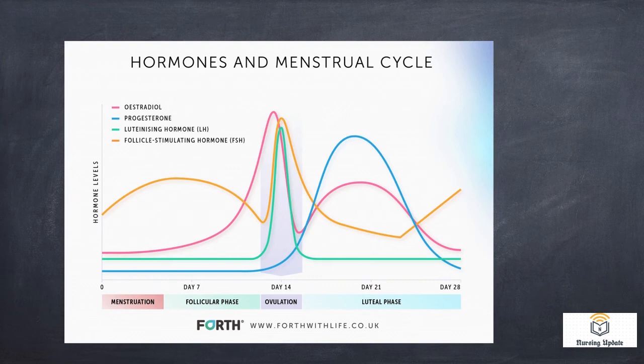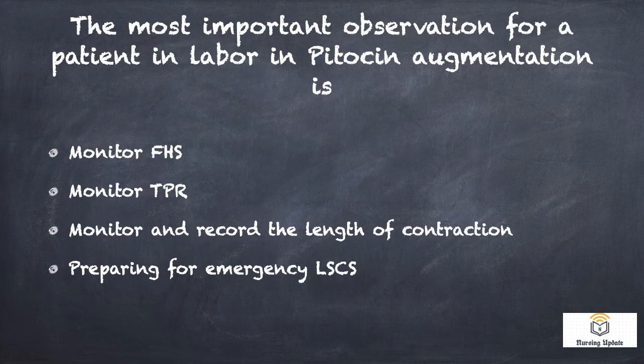So this is the hormonal chart. Be clear with this point: in ovulation time, all the hormones except progesterone will be elevated. Estradiol will be elevated, luteinizing hormone will be elevated, and FSH also elevated.